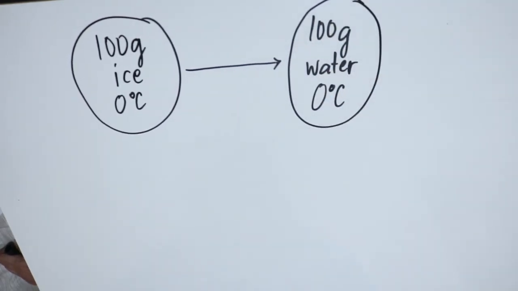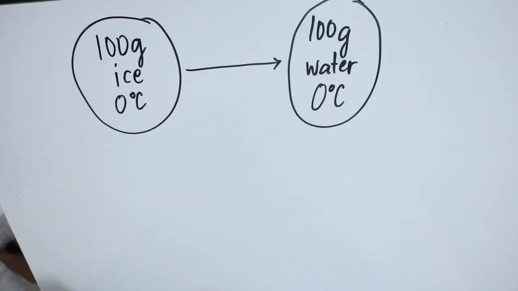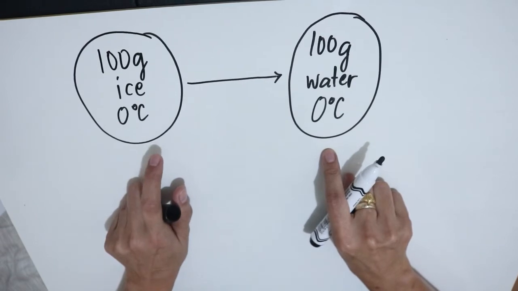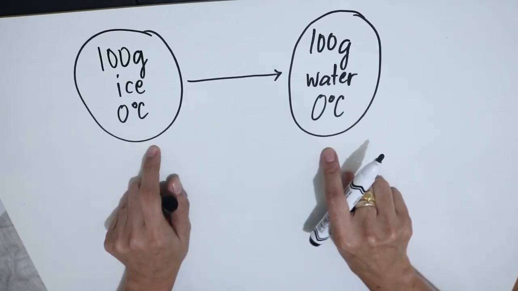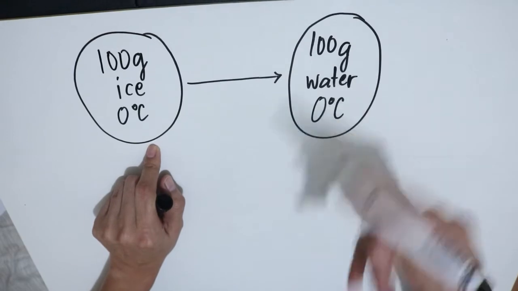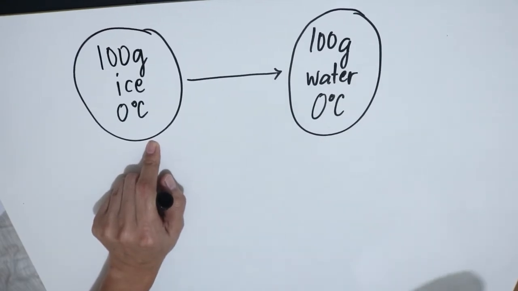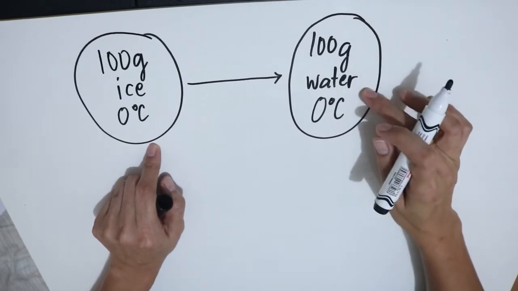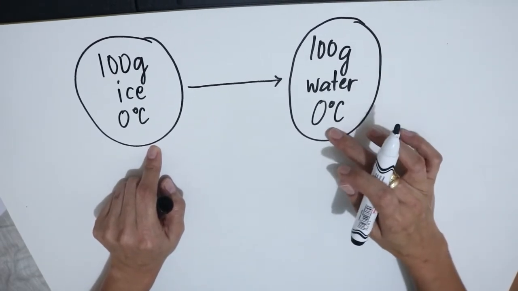The other part of the problem is the amount of heat energy used to raise the temperature to 40 degrees Celsius. From this diagram, you have 100 grams of ice at 0 degrees Celsius. We have studied that in change of phase, melting, we have 100 grams of water at the same temperature of 0 degrees Celsius.